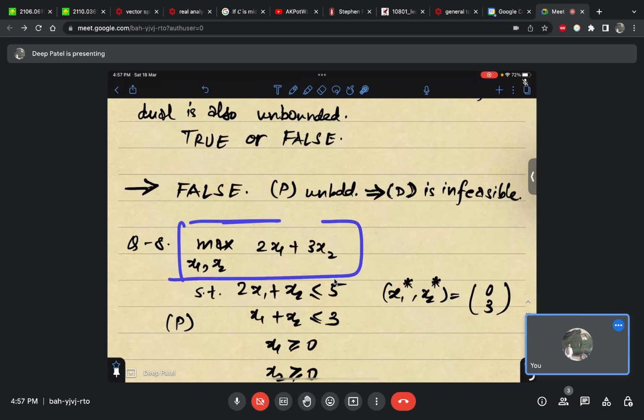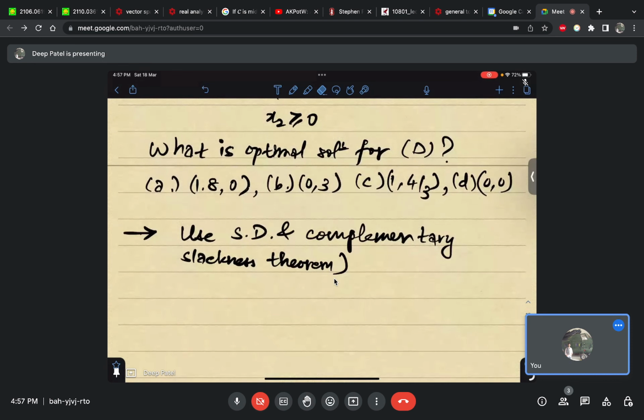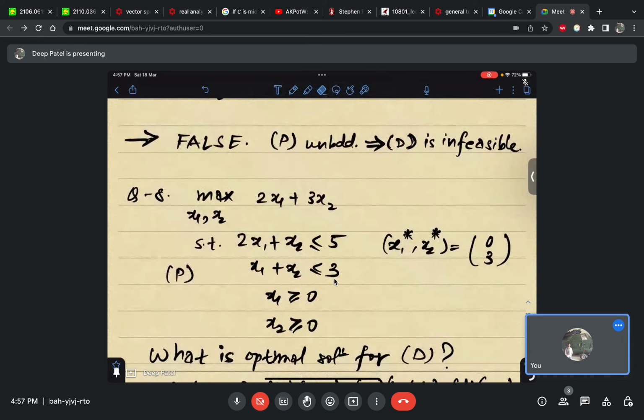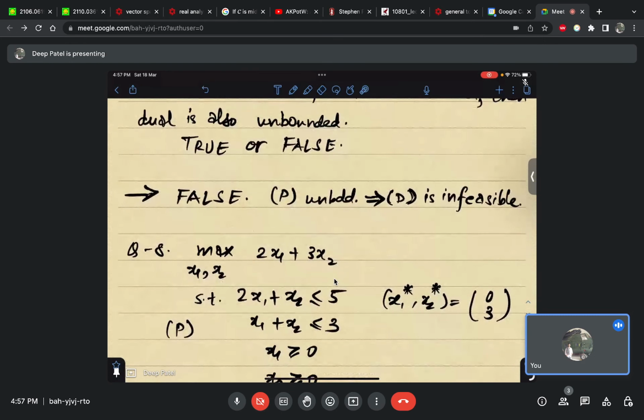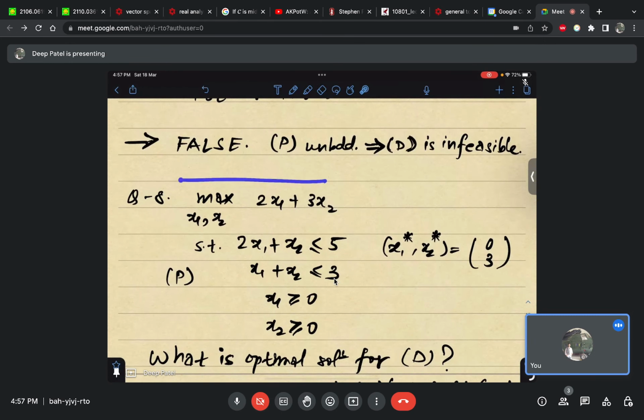If this is the maximum problem, in this case you'll just end up getting minus min of minus whatever this is here.